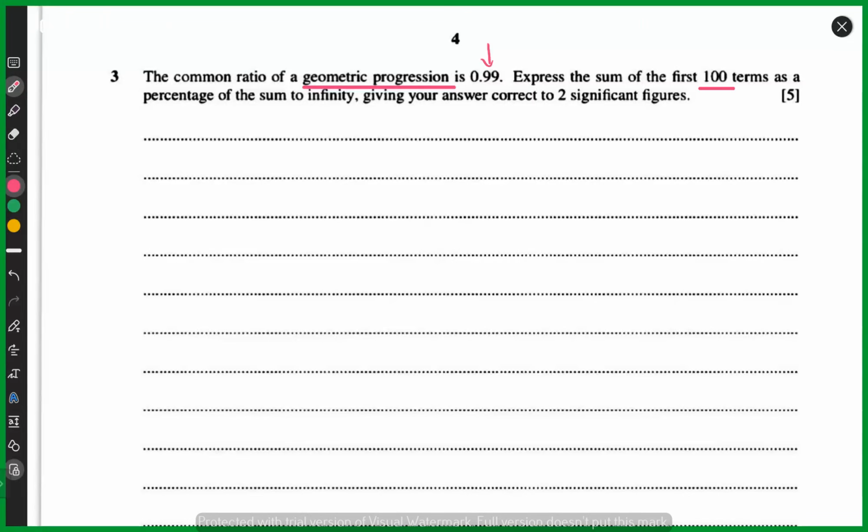We know two things, that in case of geometric progression, the sum of n terms basically had this formula: a into 1 minus r power n divided by 1 minus r. This used to be the formula for n terms.